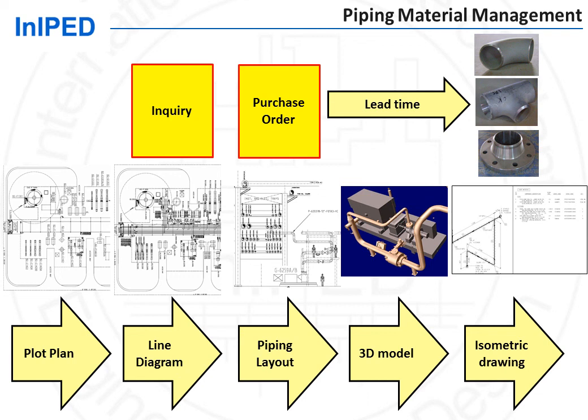In fact, an even earlier estimate of required quantities is required to issue inquiries to potential piping materials vendors. This earlier estimate, which is required 2 to 3 months before the purchase order, in order to have time to receive the bids from the vendors and select the most competitive vendor, is done from the first issue of the P&IDs, as well as from the piping line diagrams.